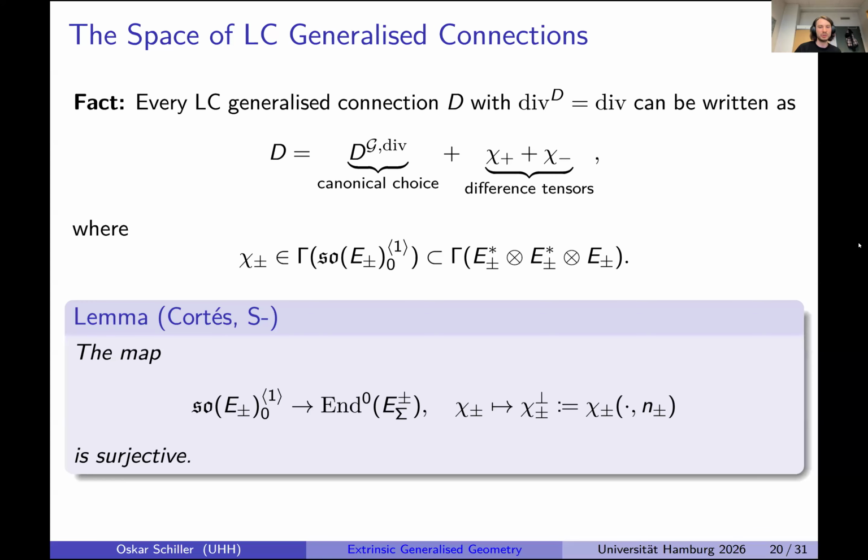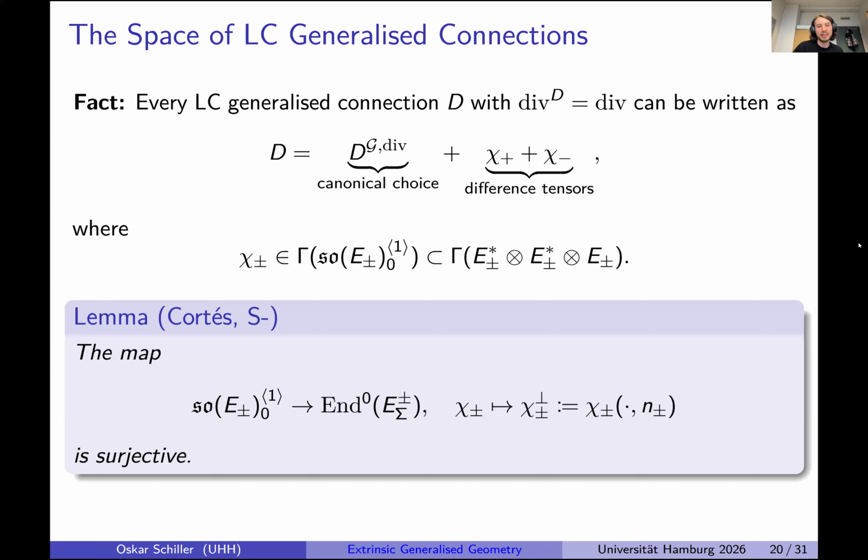If you want to be precise, it's a subspace of the generalized first prolongation of SO of E plus minus. This is a subbundle of this bundle that I've written down there.